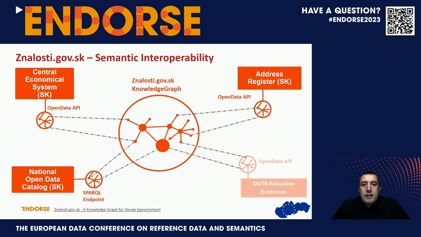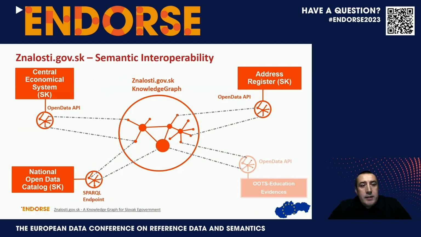Here is a slide about semantic interoperability, and our central data office, in collaboration with the Ministry of Interior and Ministry of Finance. You can see here the actual status of the project. In the center we have a knowledge graph, which contains, as I mentioned, structural metadata, ontologies, and taxonomies.